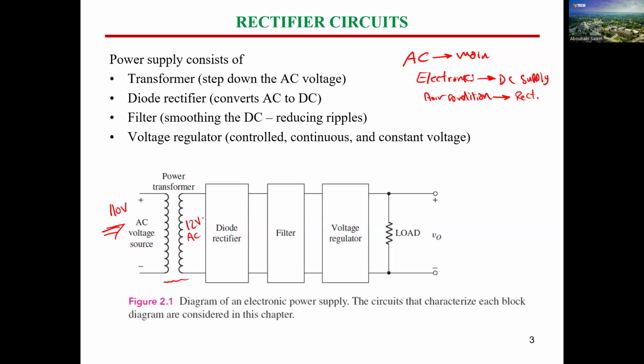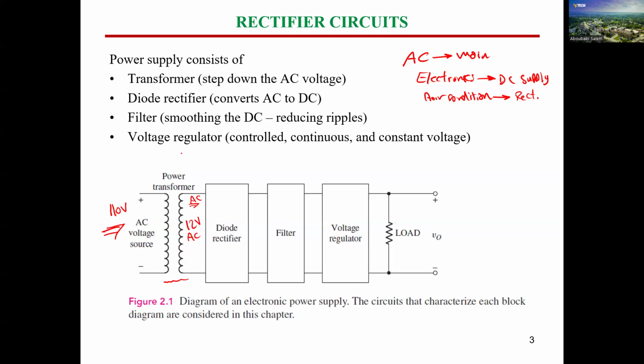And then in the next step, we need to convert the AC supply to a DC supply. The output of the transformer is still AC, because a transformer is an electromagnetic AC device. We don't have what's called a transformer in DC. Only the transformer is an AC machine, so the output is still AC.